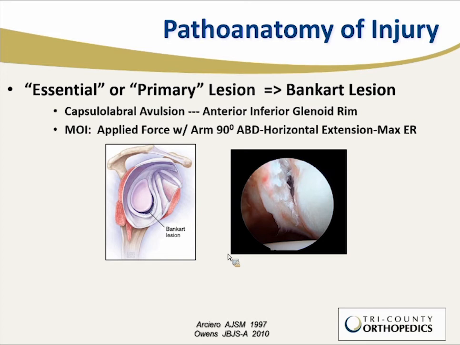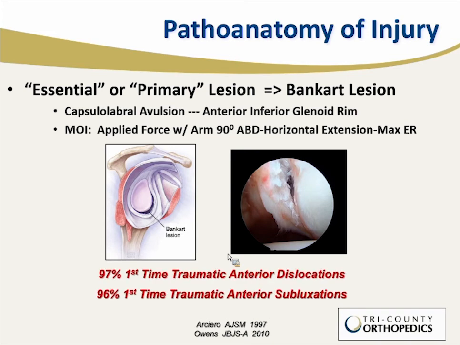You can see that the bone looks fine, and that rim of labrum, or bumper, with the attached capsule is pulled off. So it's important to know what's injured, where, and what, because that's going to play a role in understanding how to address it. And multiple studies have shown that in a first-time traumatic anterior dislocation, this is injured in about 97% of the cases.